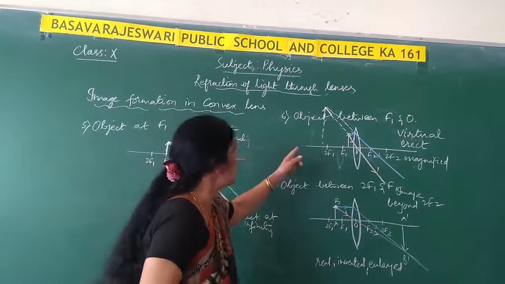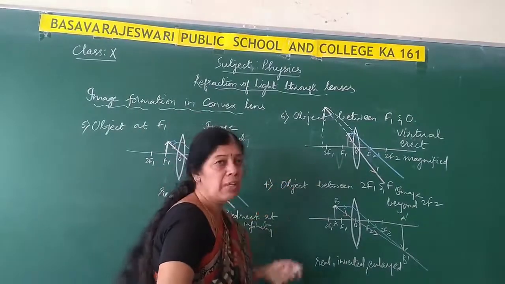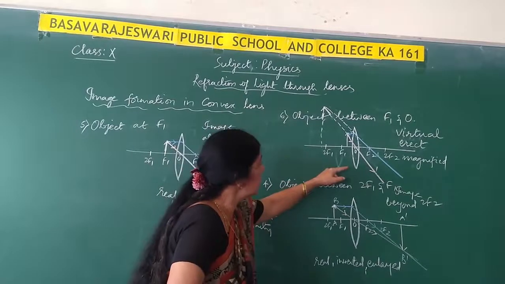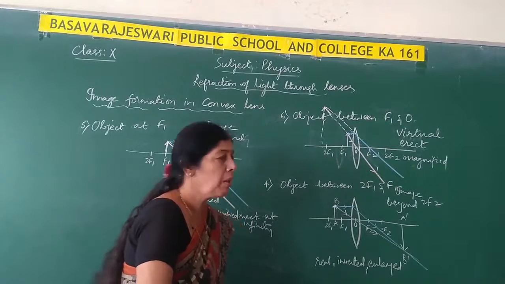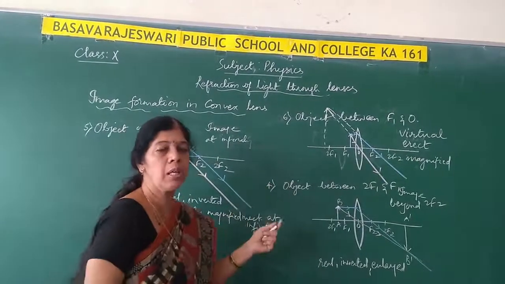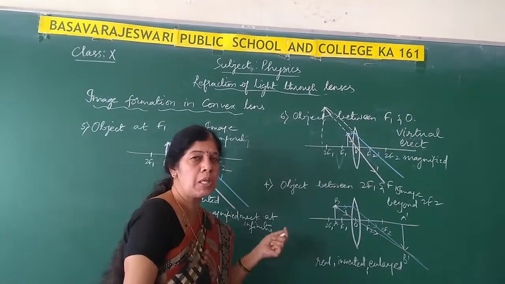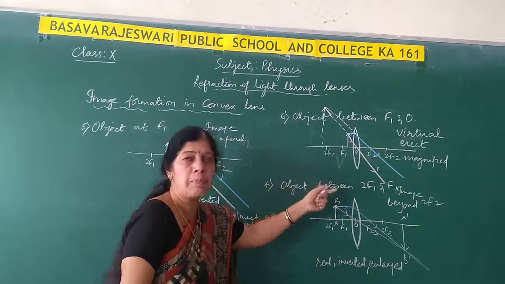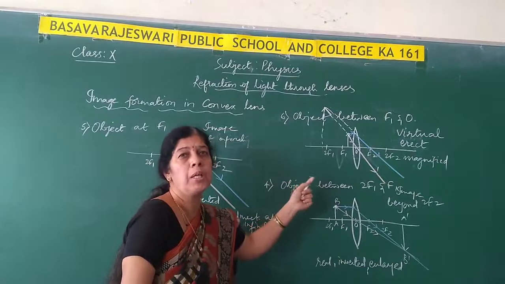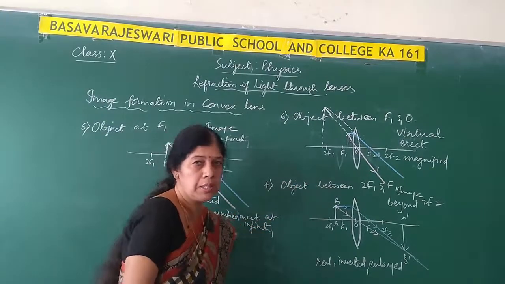Like if you consider the last case, object between F1 and O, this type of setup is used in a simple microscope. Okay, because we are using convex lenses in telescopes, in cameras, in microscopes; different types of setups are used in different optical devices to get the images.